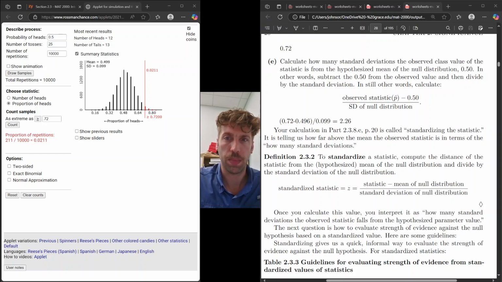I take my number, 0.72, minus 0.5, and I get 0.22, and then I divide by the standard deviation, 0.099, and my answer is 2.2 repeating. Yours will be different.